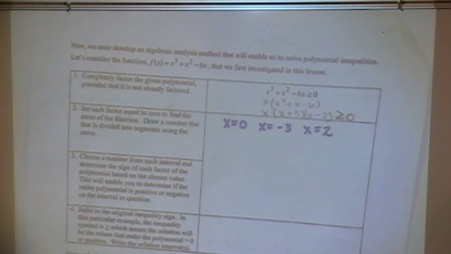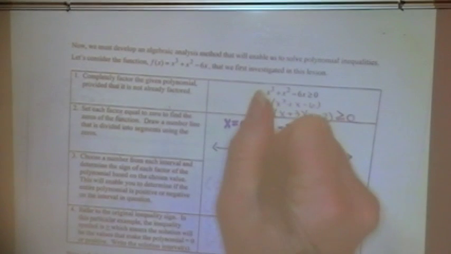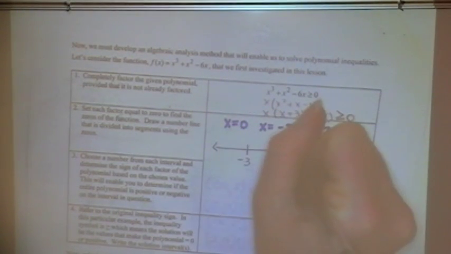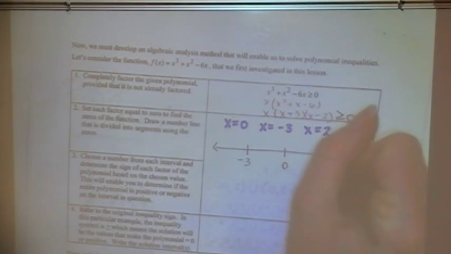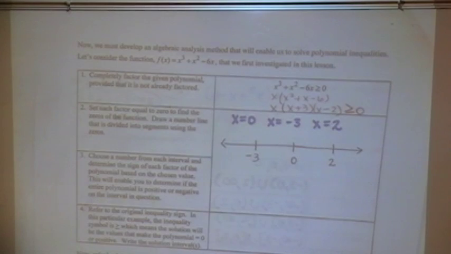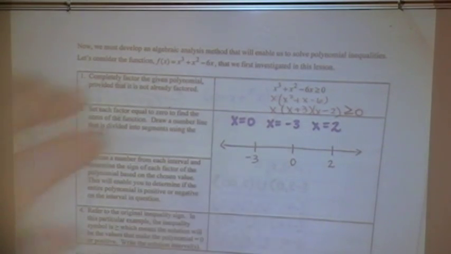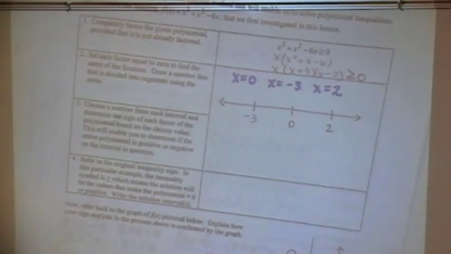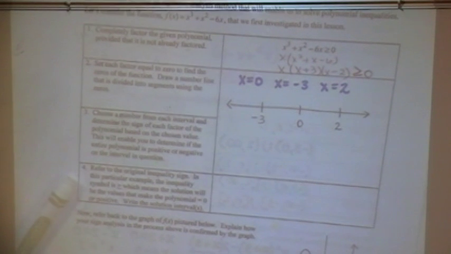Now, this part we did not do on the page before. Draw a number line that is divided into segments using the zeros that you found. So there's -3, 0, and 2. Alright, now we've done something very similar to this when we did absolute values and rewriting them as piecewise functions.